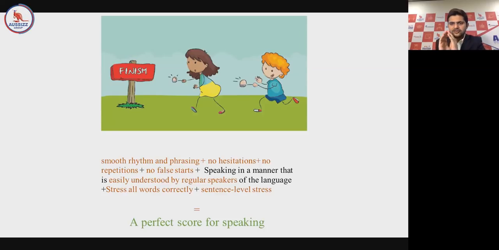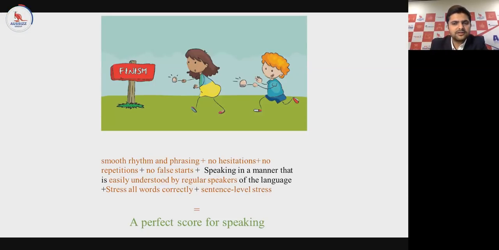You need to maintain your speed, or your pace, and at the same time make sure that you do not mispronounce any word. And at the same time, to get a good score in the content part, you also need to make sure that you do not add, omit, repeat, or replace any word. So it is a balance of all the things.